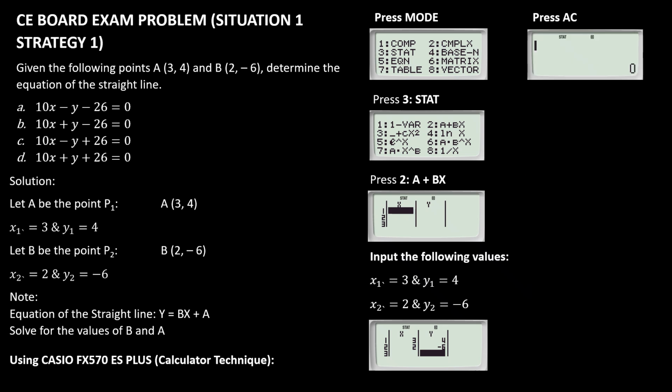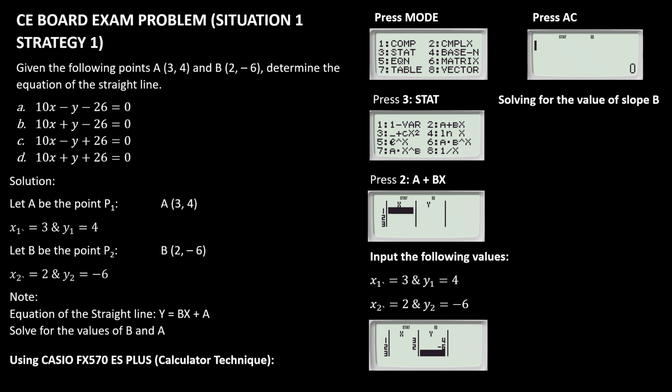After recording everything, all we have to do is to press AC. Pressing it means that everything is now recorded and stored in the memory of our calculator.